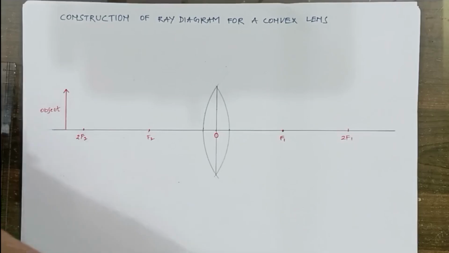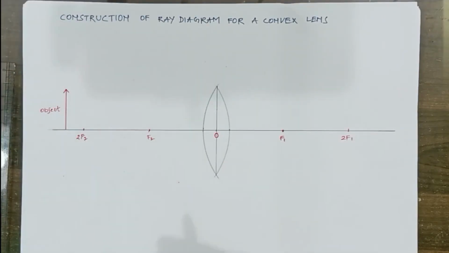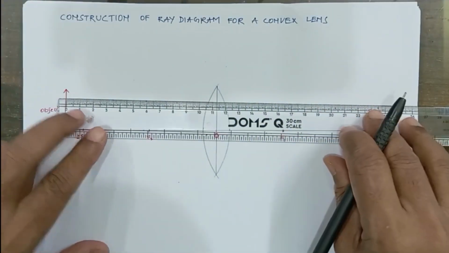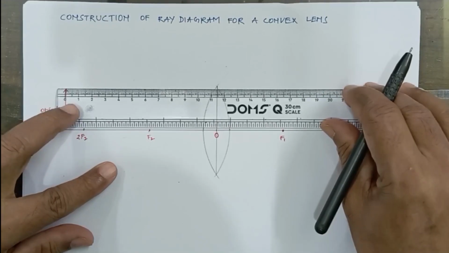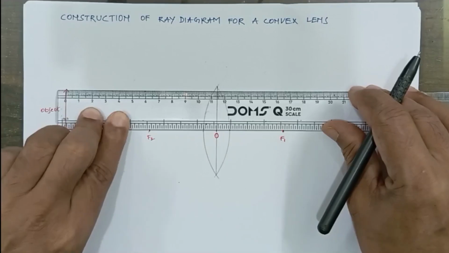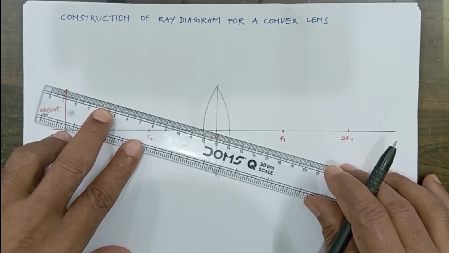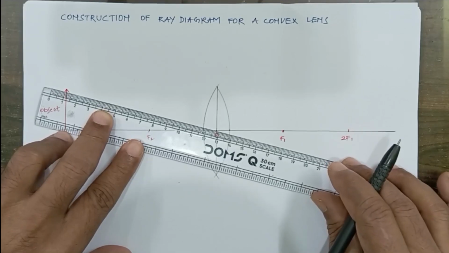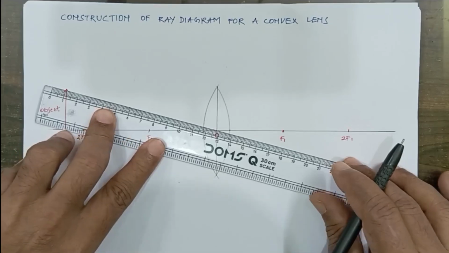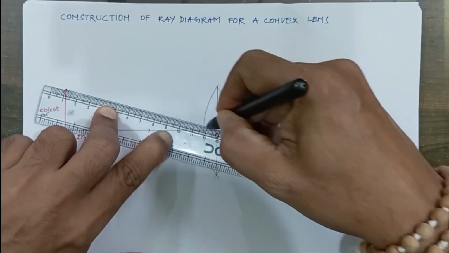Now the first principal ray that we consider is, suppose I want to form the image of the top of the object, so the top point of the object. So the first principal ray is the one that is incident on the optical center of the lens and it passes undeviated. So this is our first principal ray.